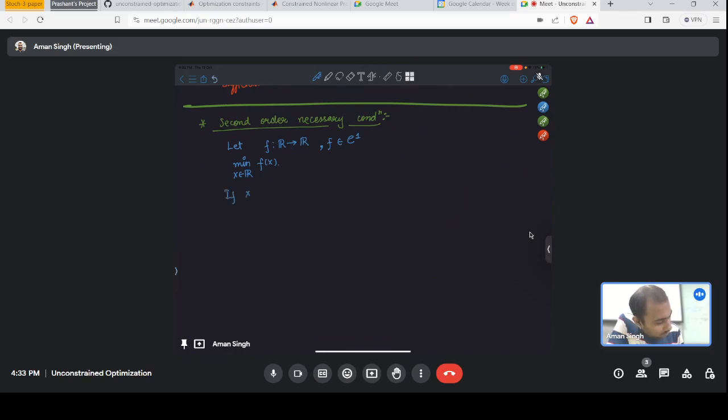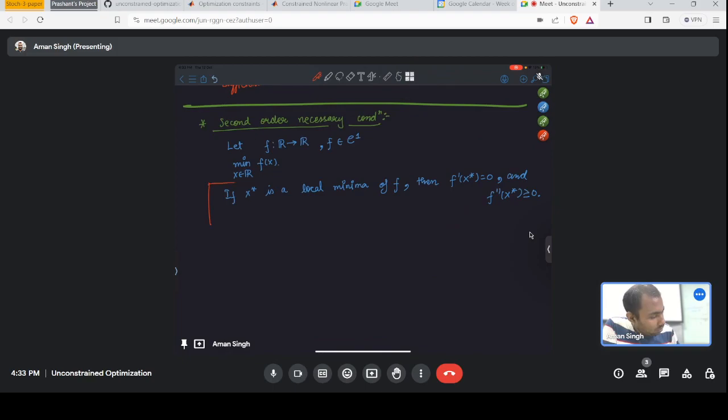Then if x star is a local minima of f, then f dash x star equal to 0, we saw it in first order necessary conditions, and f double dash x star is greater than equal to 0.